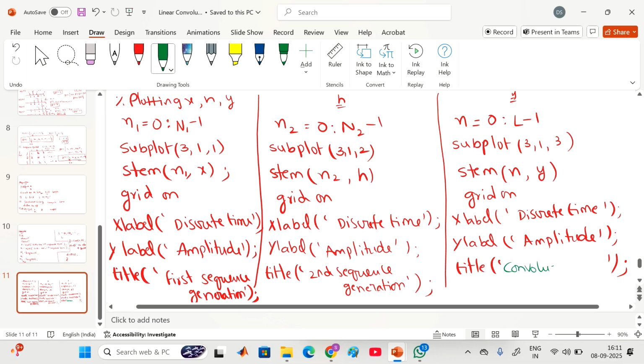Convolved output. It means after convolution. Next, grid off. So whenever you have grid on, it should be off at the end of the program.